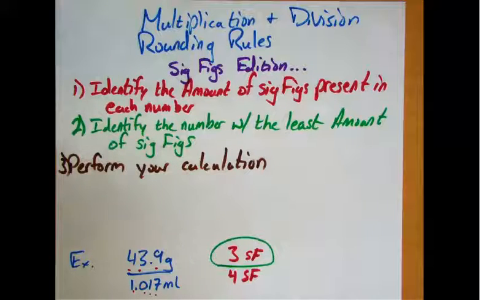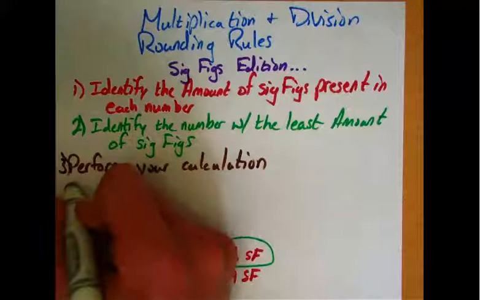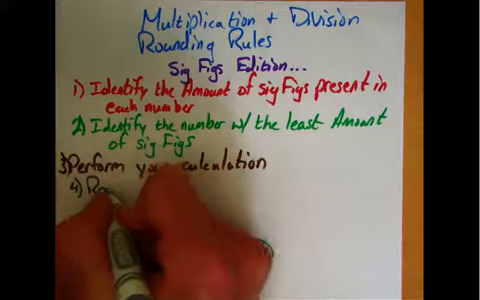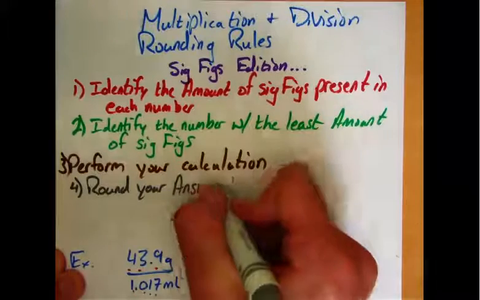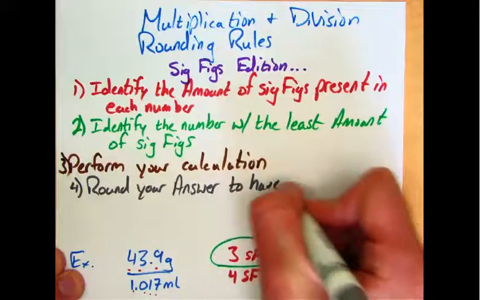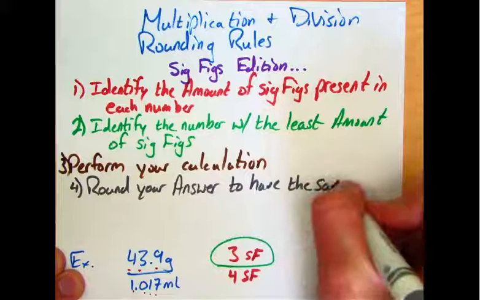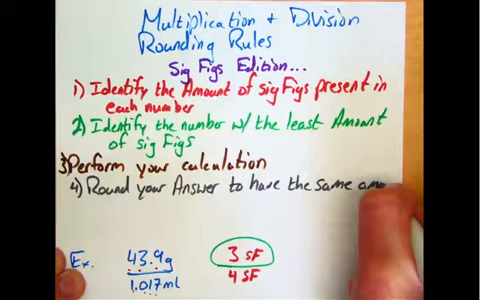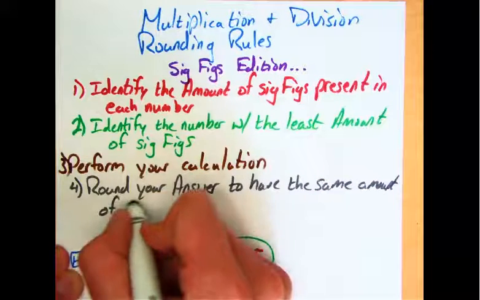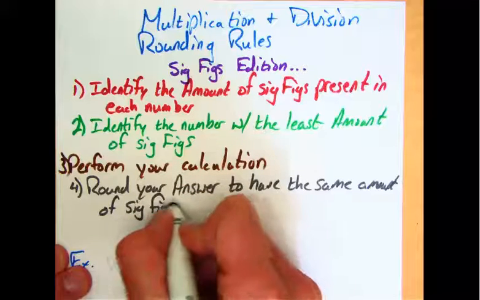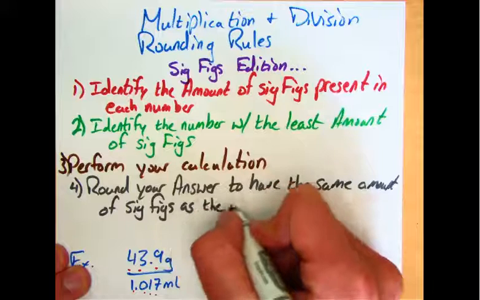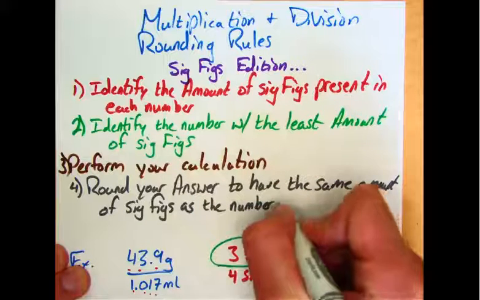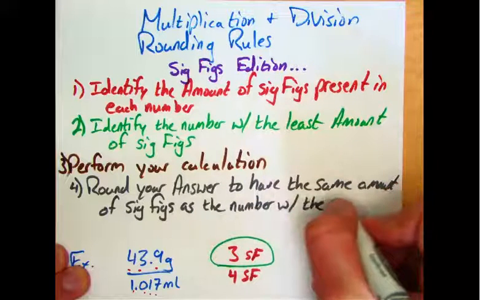In order to do so, step number 4 is to round your answer to have the same amount of sig figs as the number with the least sig figs.